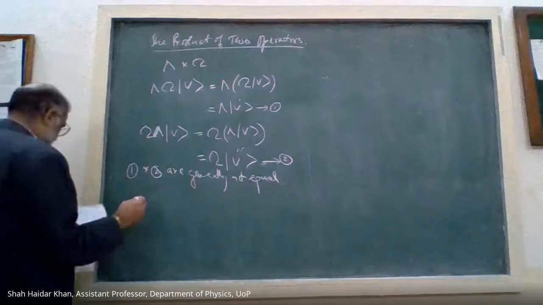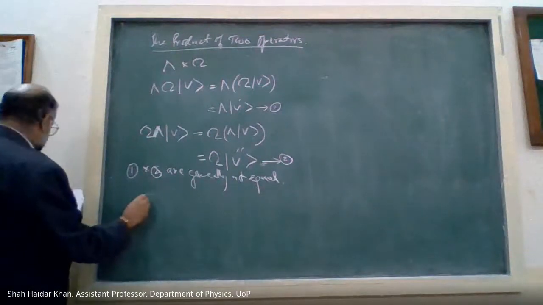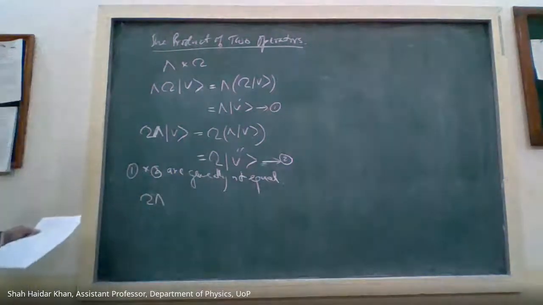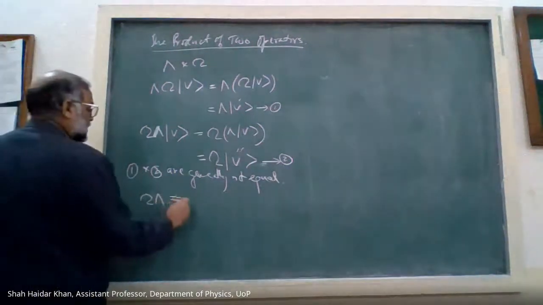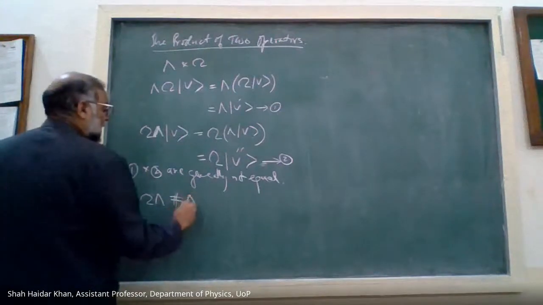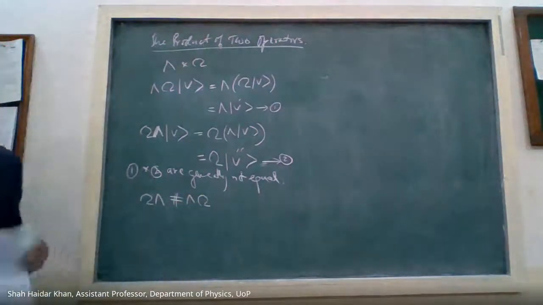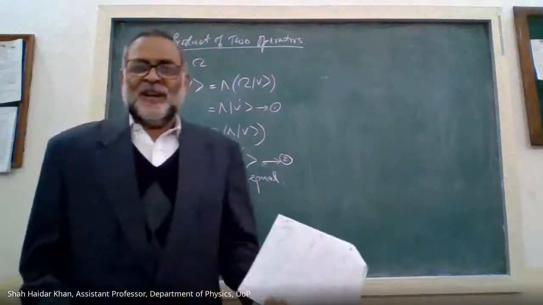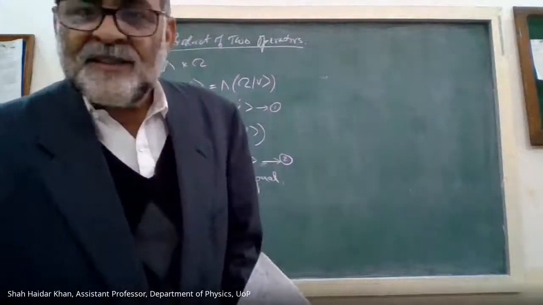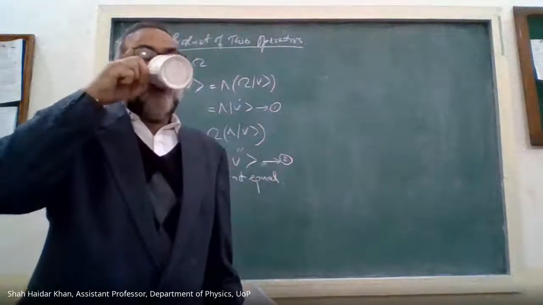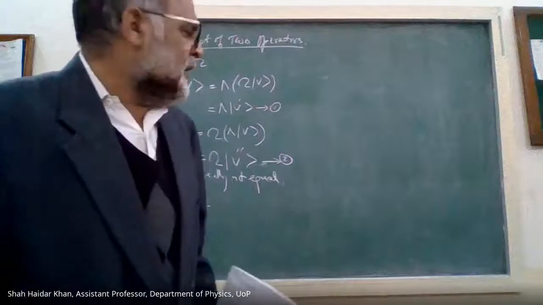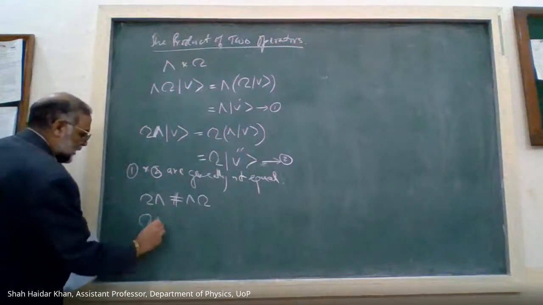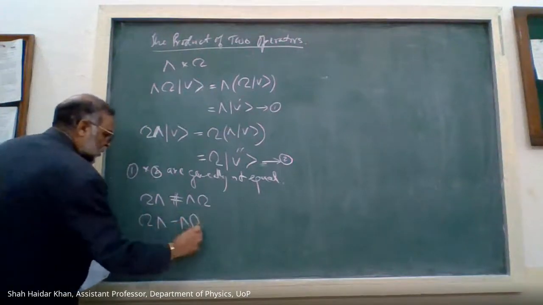So we say that omega lambda is not equal to lambda omega. Generally, they are not equal. If they are not equal, we are interested in finding out what the difference is. The difference will be omega lambda minus lambda omega.